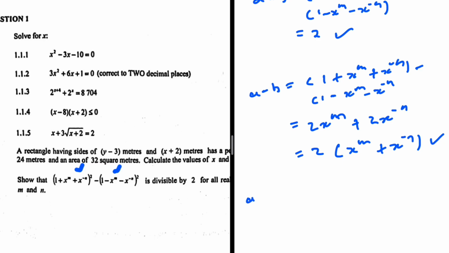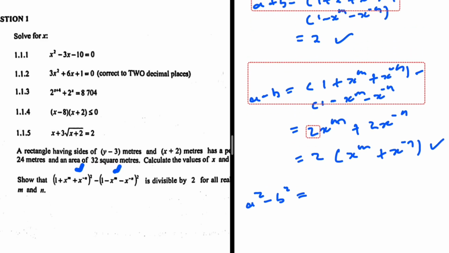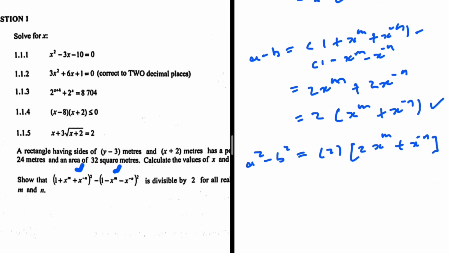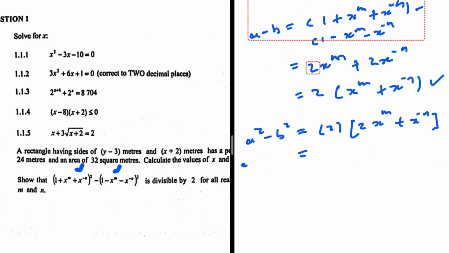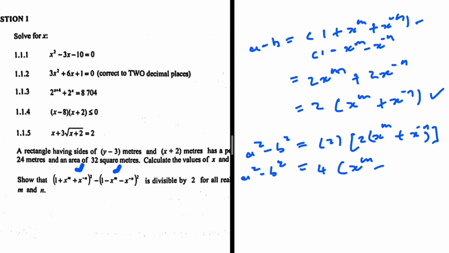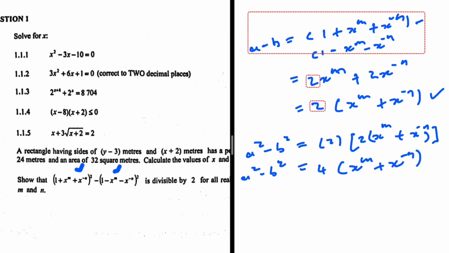So a squared minus b squared is equal to a plus b, which is 2, and a minus b, which is 2 times x to the m plus x to the minus n. Can we take 2 as a common factor once more? Oh, okay, I have 2 here, so 2 multiplied by 2 is just 4, times x to the m plus x to the minus n, right?